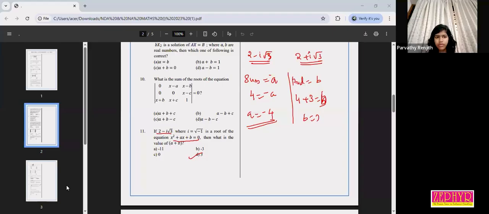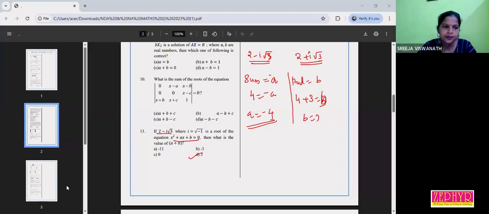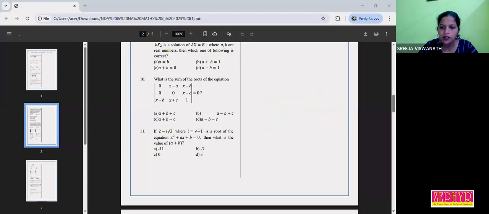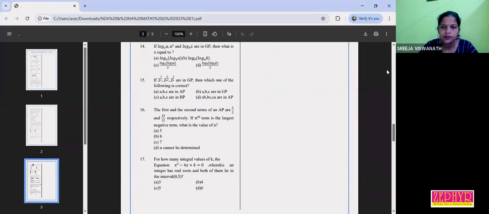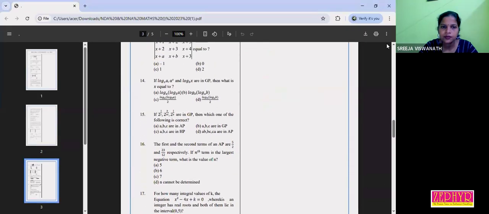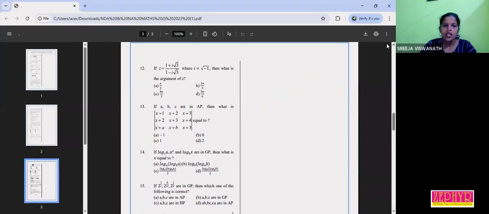Now the next question. Question number 12. If z is equal to (1 plus i root 3) by (1 minus i root 3), then what is the argument?